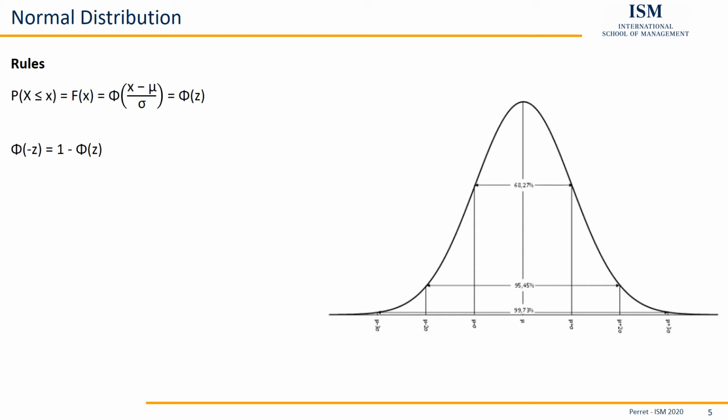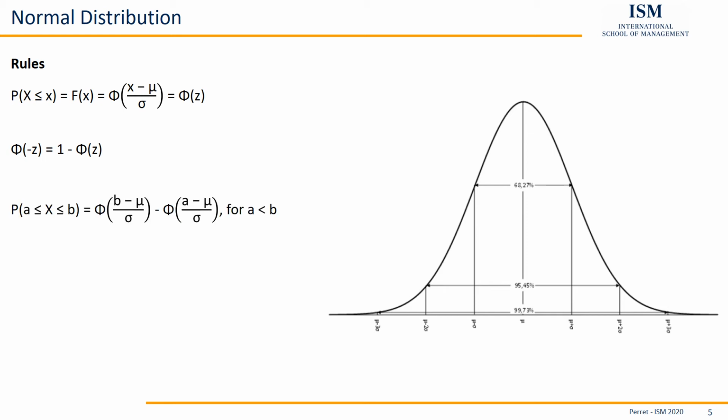So it doesn't matter if we go with phi of minus 2 or 1 minus phi of 2. We will get the same results. In particular, this means we only need positive values in our table, because every negative value can directly be transformed into a positive value.